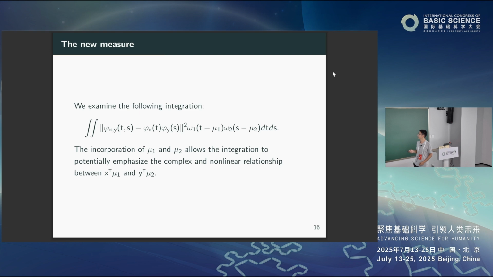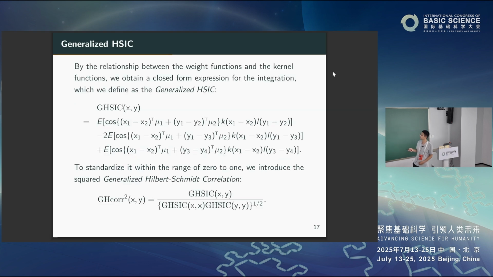Because we have demonstrated that the weight functions are proportional to certain probability density functions, we can easily derive that it still has a closed form expression, although it seems somewhat complicated. But we can show that this can also be estimated within O(n squared times (p plus q)) steps.